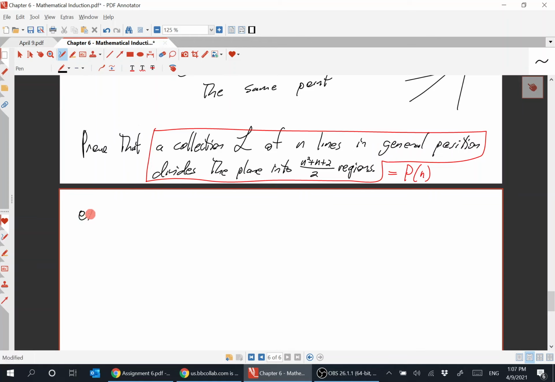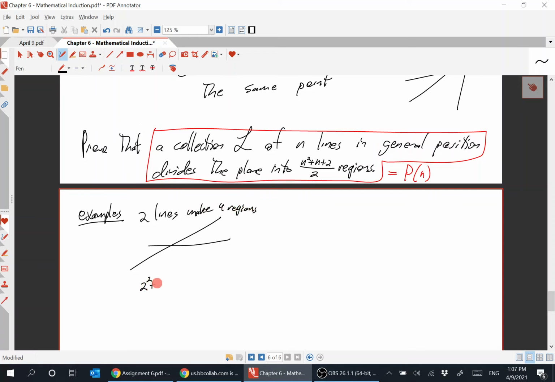So let's take an example. Right, so we did 3 lines already, right? 2 lines give you 4 regions. 2 lines make 4 regions.